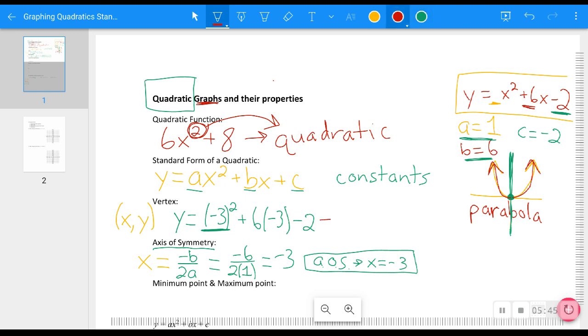So if we square -3, -3 times -3 is +9. 6 times -3 is a -18. And then we still have that -2 hanging out there at the back. So that is going to equal 9 minus 18 minus 2, which is -11. So our vertex is going to be the point (-3, -11).